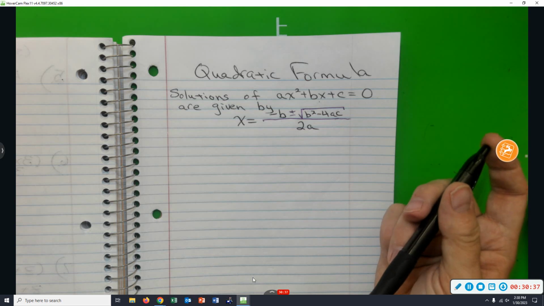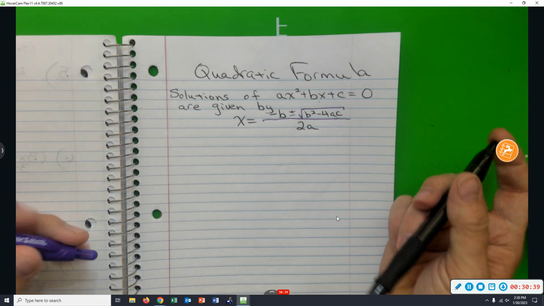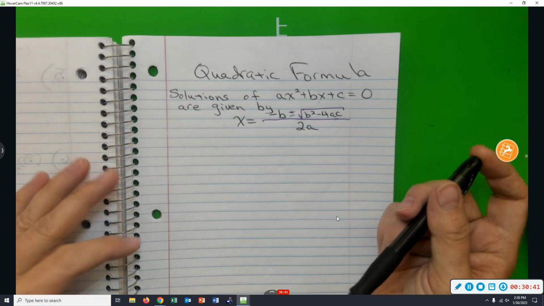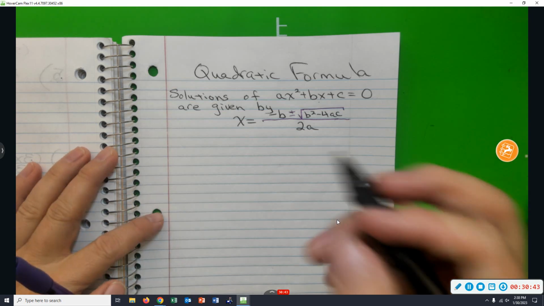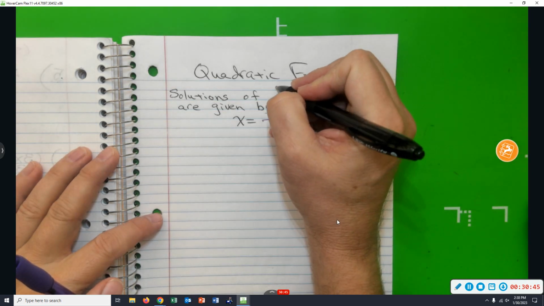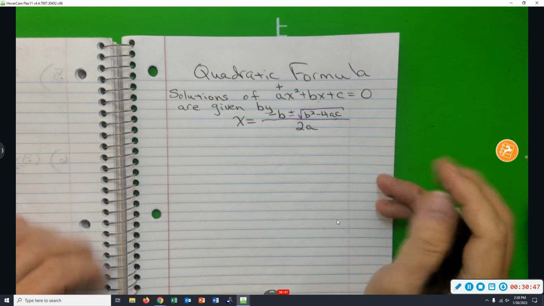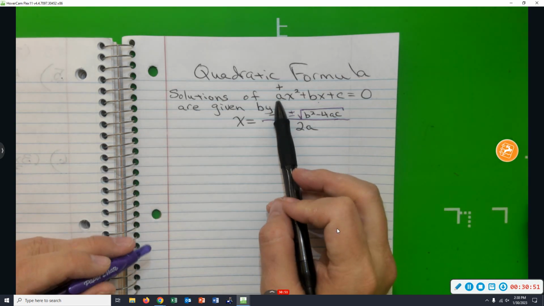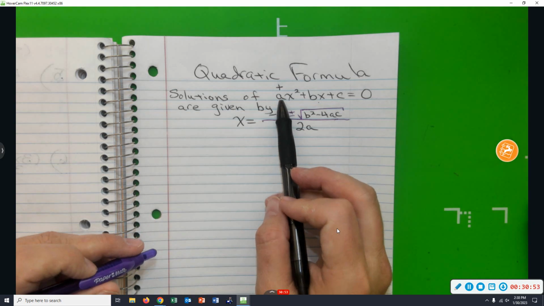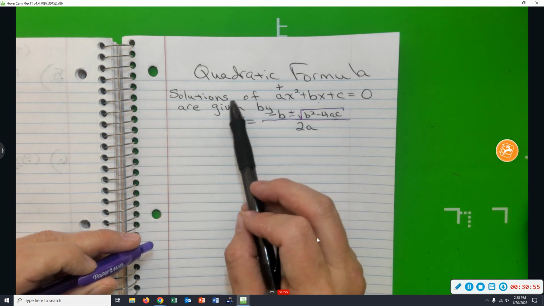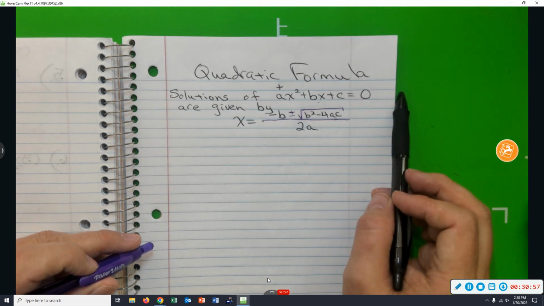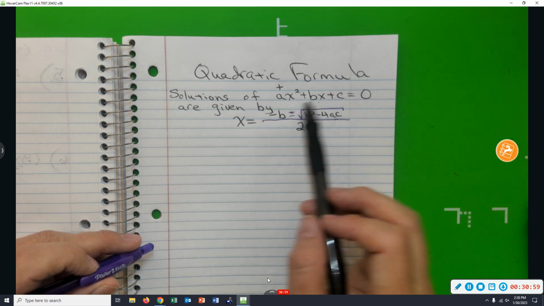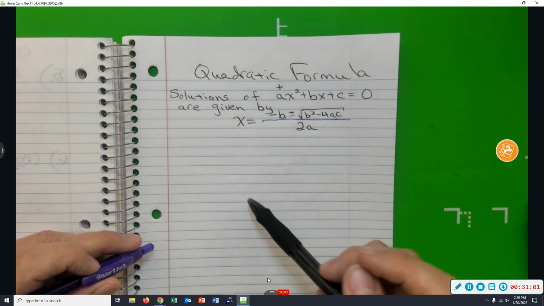One thing that's even true when we're factoring, I don't know if we mentioned it or not, but I like my a value to be positive. If the leading coefficient is negative, I'll either multiply through by -1 to change all the signs, or I'll move all the terms over to the other side.